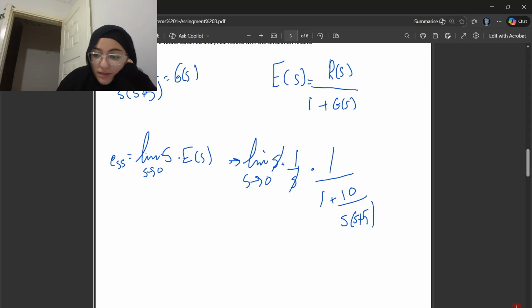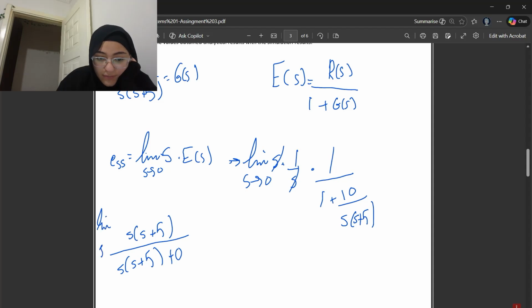This will go up there. So it will be s plus 5 over s plus 5 plus 10. If we put the limit here, it's going to be 0.